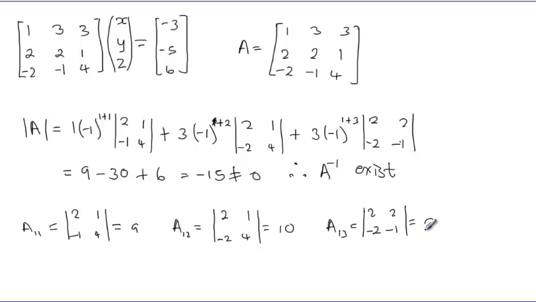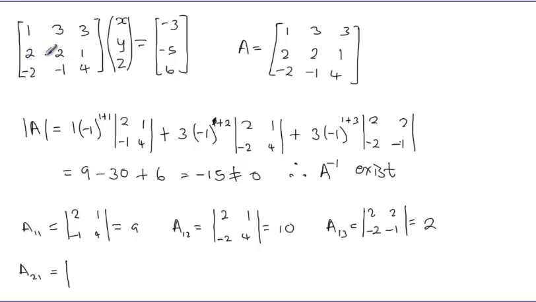Okay. So then I'm going to follow with A21. I'm just following the rows. So what I do here, I drop the second row and the first column.